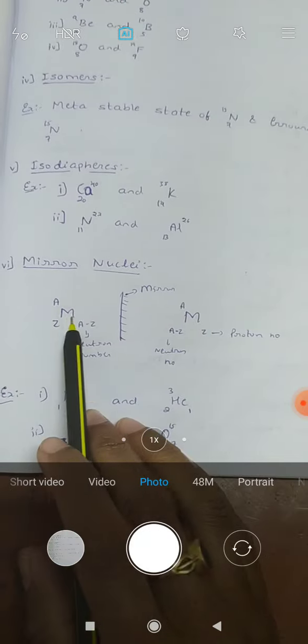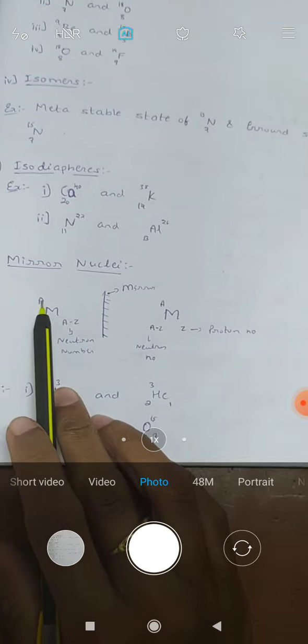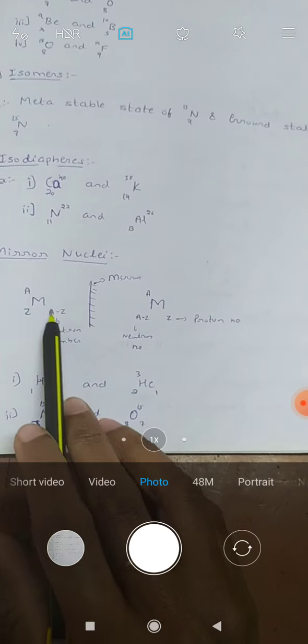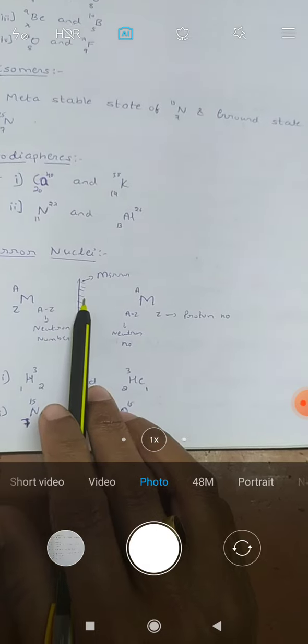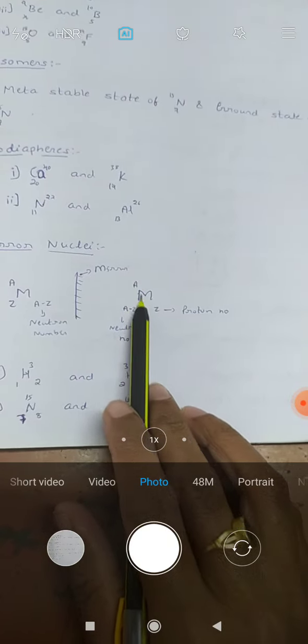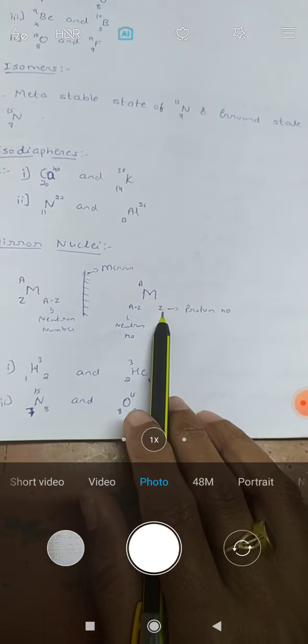So, in first case, the element M has mass number taken as A and atomic number taken as Z. And the number of neutrons present in the chemical element M is A minus Z. In case of the mirror element, the mass number is constant, taken as A, with number of neutrons A minus Z and number of protons Z.